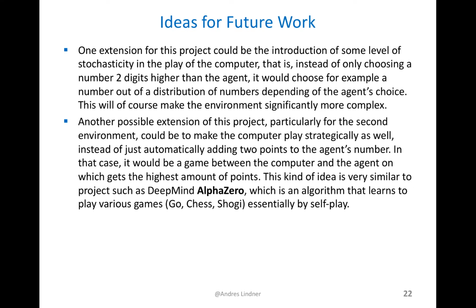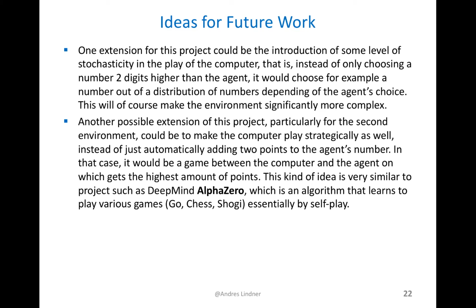And ideas for future work: I would really like to continue this project, and I'm going to do that eventually. One of the things it would be interesting to add is a bit of stochasticity in the play of the computer. In my game, it was very easy. It was just doing whatever the agent did plus 2.